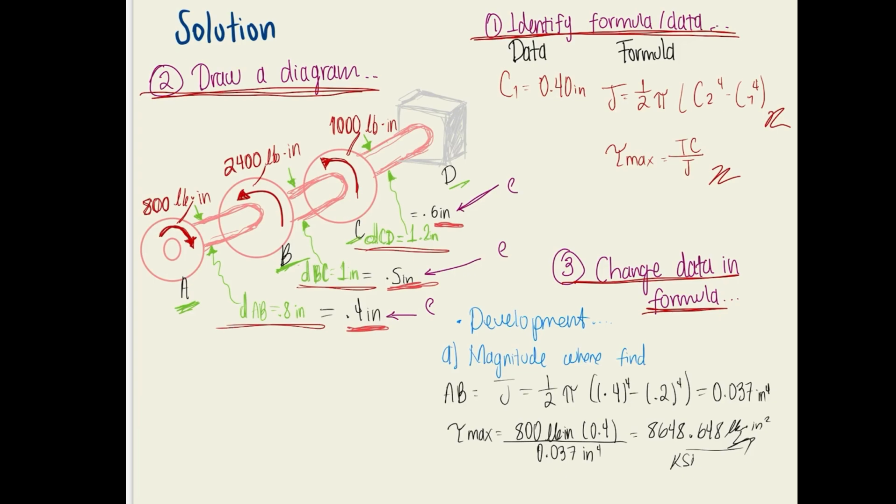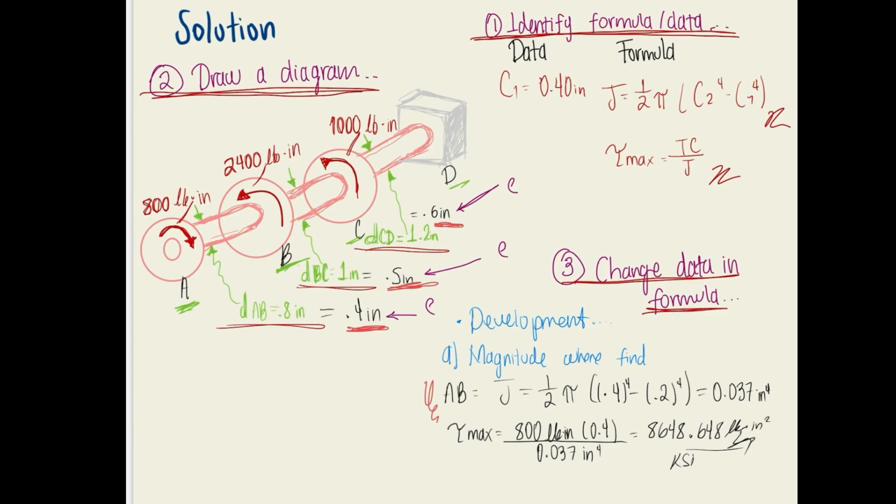Well, the third step is to substitute the data in the formula. As we can notice, we know all the values that we can use for this formula. To calculate the magnitude, we have to find first our moment of inertia between A and B. To calculate it, we substitute all the data.